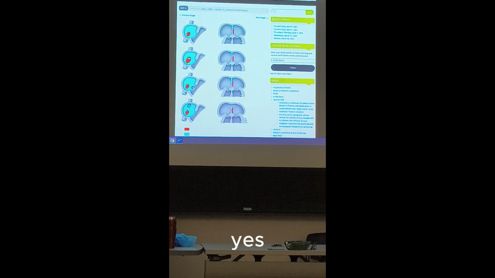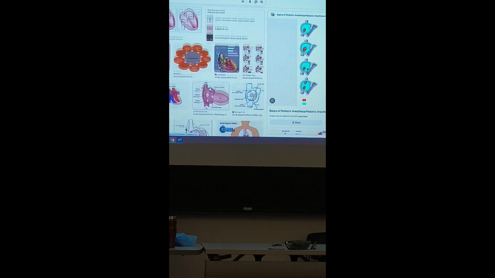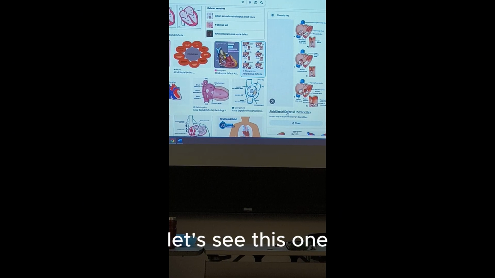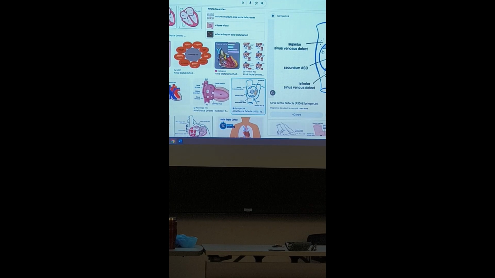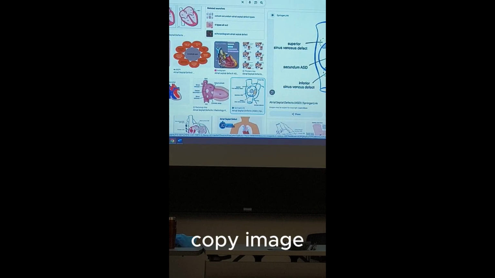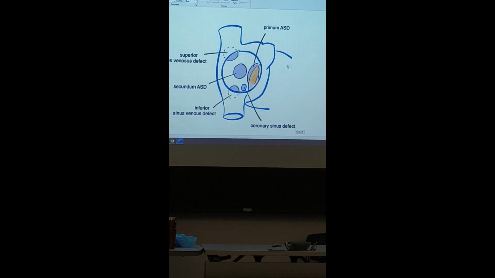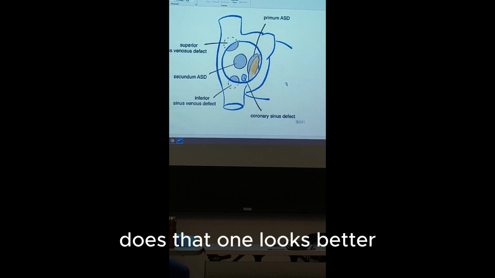That's the ostium, and then let's see this one. Sinus venosus defect. Okay, how about this one? Does that one look better?